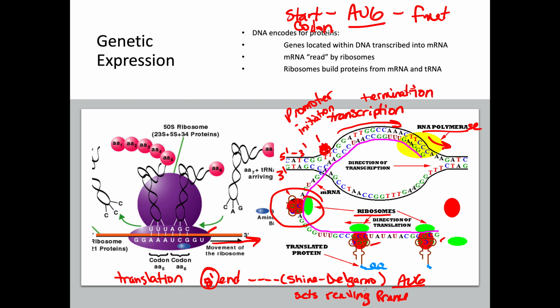So in initiation of translation, we're going to hit that SD sequence, that Shine-Dalgarno sequence. Once we hit the Shine-Dalgarno sequence and the first AUG is found, we begin elongation.